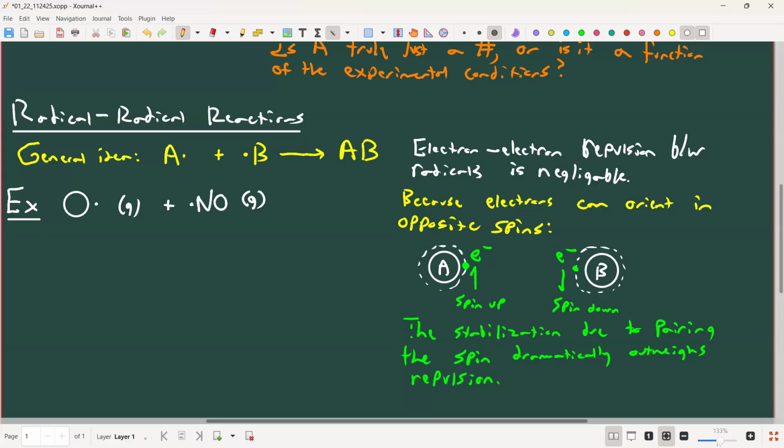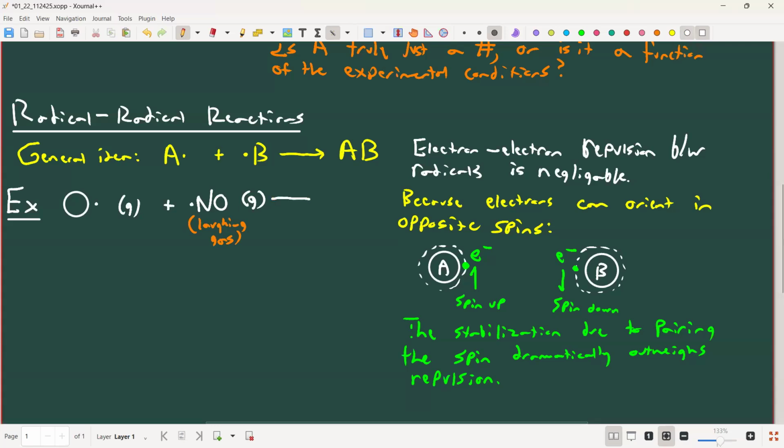This is laughing gas. So maybe some of you have even enjoyed the presence of this radical. But when it reacts with oxygen atoms in particular, this reacts rapidly to form NO2.